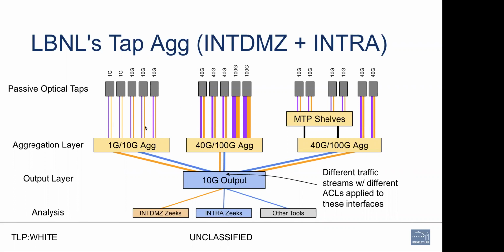And then we identify those input interfaces as being for internal DMZ or intranet tools, and then we apply filters to them. You can see here, the orange goes to our internal DMZ and the blue goes to our intranet tools. And as we transition to the future plan of just having a single layer of taps for both internal DMZ and intranet, those will all just continue to go to the same TAP-AG infrastructure.